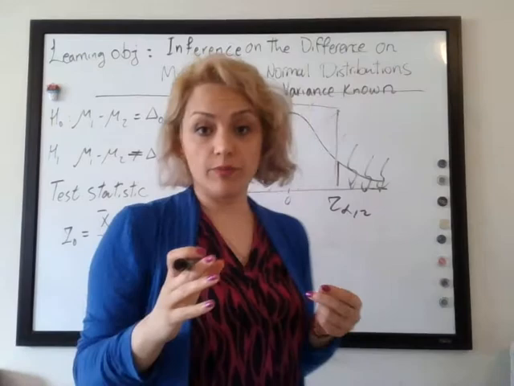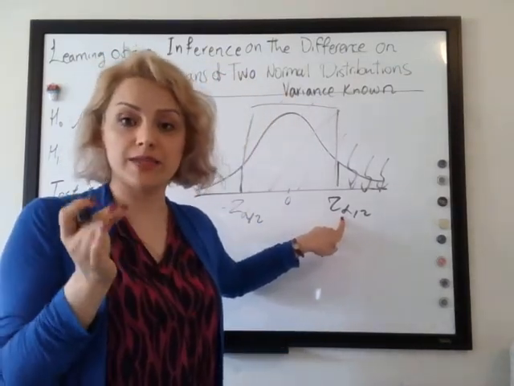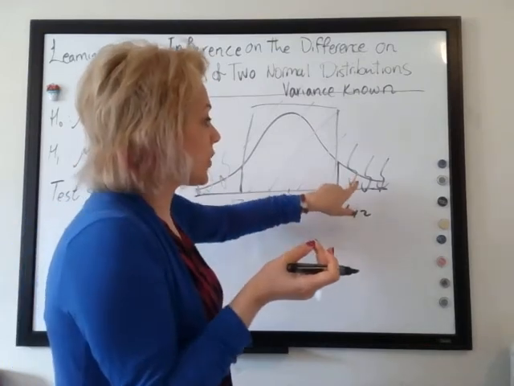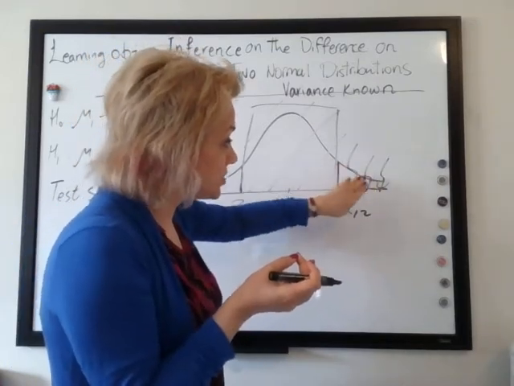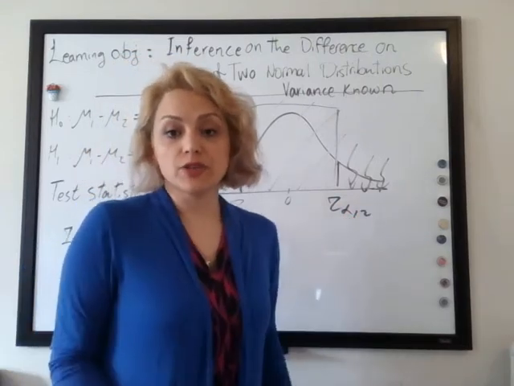When you want to make your conclusion, depending on whether you are working with the z or with the p-value, you would say, okay, I'm going to work with this region or I'm going to just work with this line. So what would we say for the rejection region?